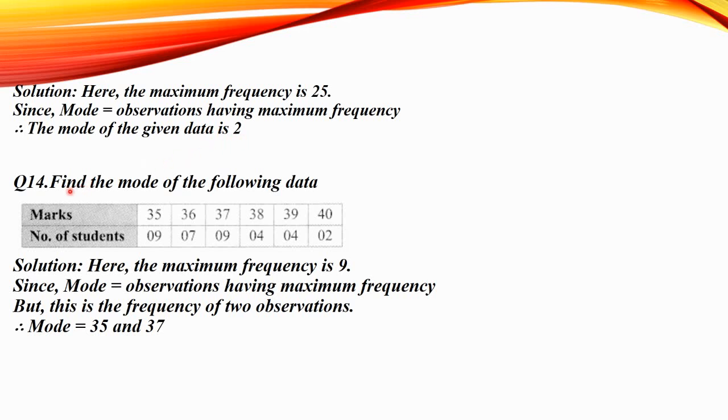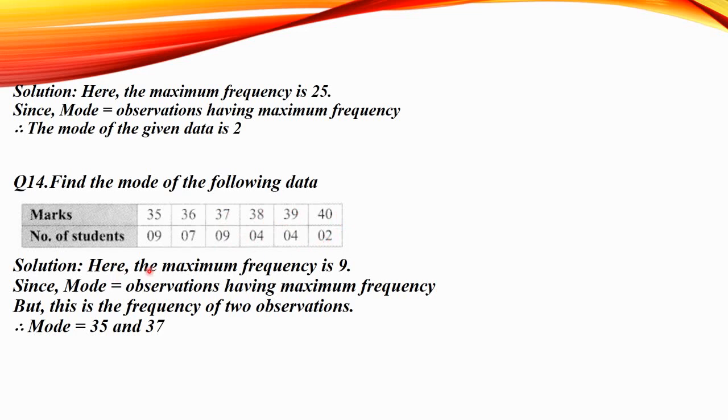Question number 14. Find the mode of the following data. The marks obtained by the number of students are given. 35 marks are obtained by 9 students, 36 marks by 7 students, 37 by 9, 38 by 4 students, 39 by 4 and 40 marks by 2 students.